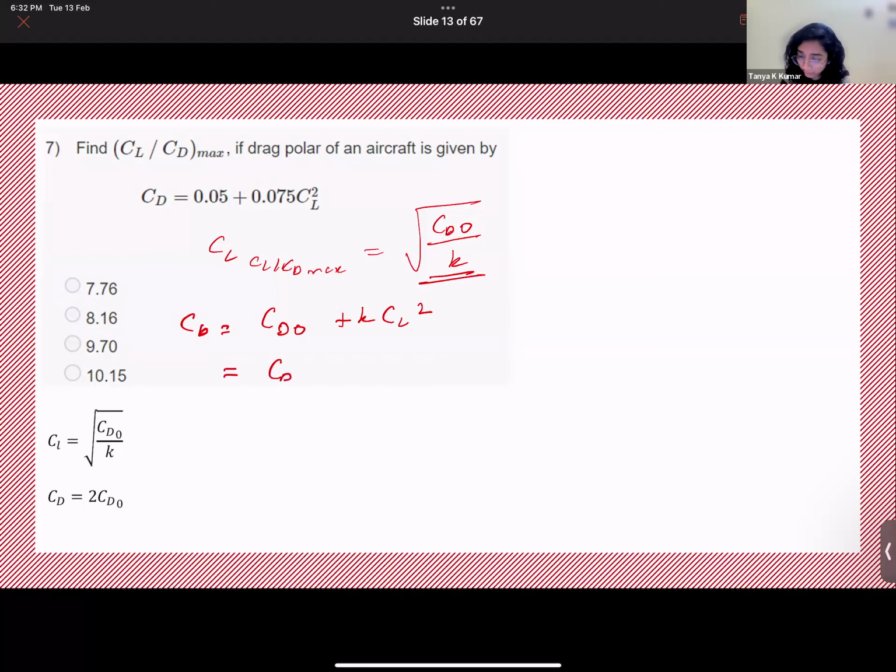So you write CD naught plus K CL square would be CD naught plus CD naught, which is 2 CD naught.